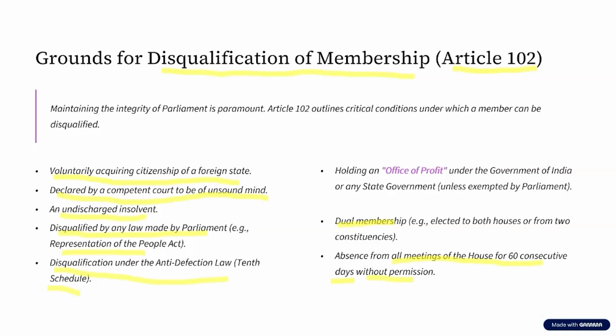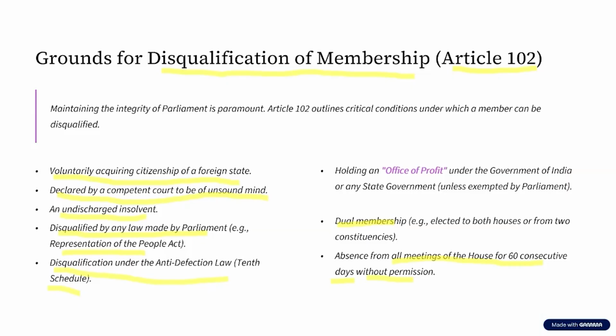In order to overcome this, a 10th Schedule was introduced in our Constitution under the 52nd Amendment Act of 1985. So any person who is disqualified under this anti-defection law will lose membership, as this law is also a ground for disqualification.